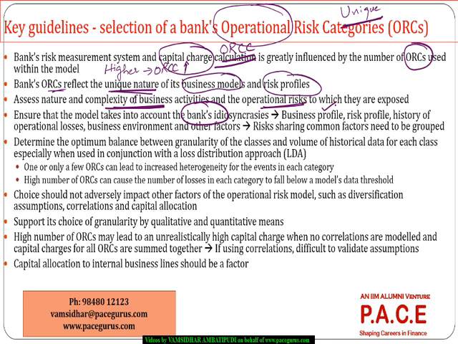So it should consider the business profile, which could differ from bank to bank, the risk profile, the risk appetite. The history of operational losses, any cases where the bank has lost much higher than the average.